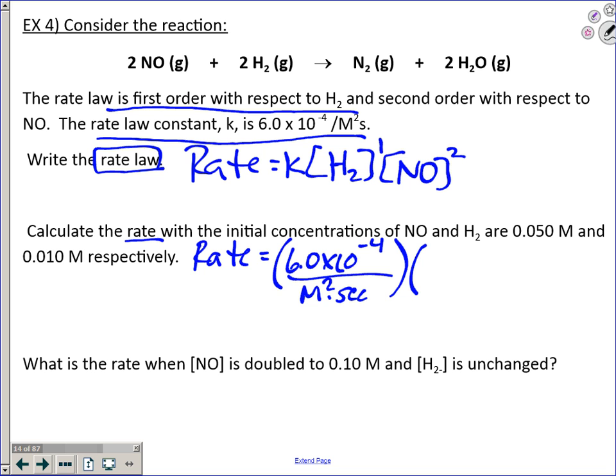What's going to go here? I'm going to go in the same order. Remember, it says respectively, so NO is the first one and H2 is the second one. So this is H2, 0.010 molar to the first, and 0.050 molar to the second.